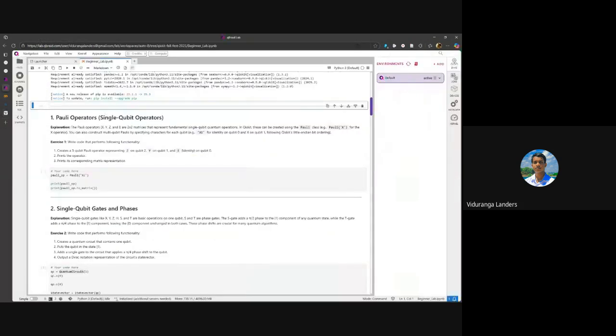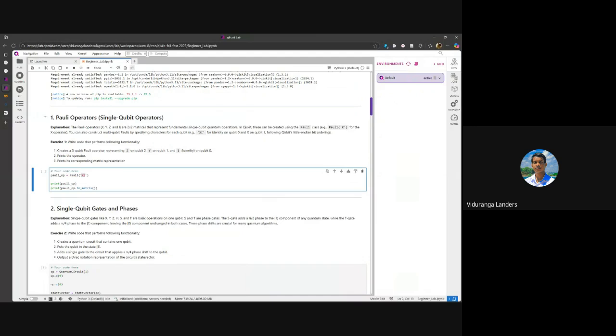But here, what we are looking at is how to construct an operator that could act on multiple qubits rather than a single qubit. So how you create such an operator or such a matrix is by using this command, and these X, Y, Z, and I are Pauli operators that are inbuilt in the Qiskit system.